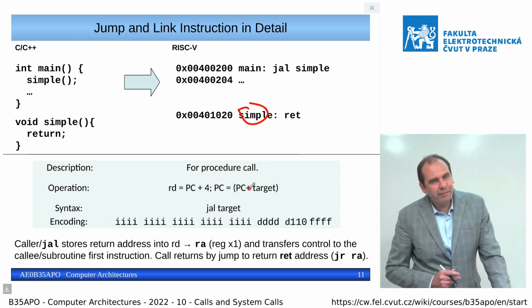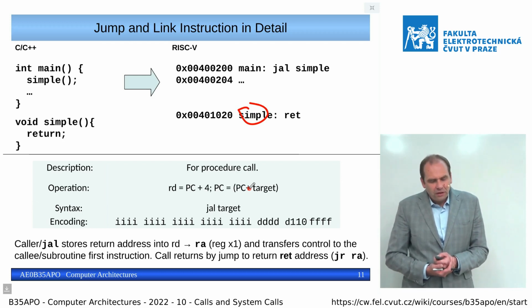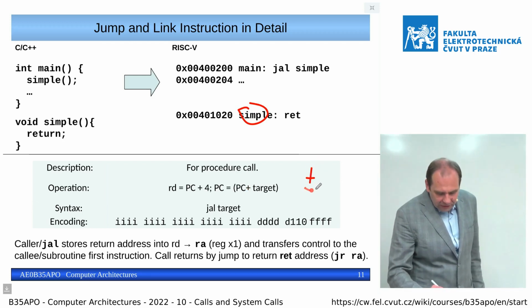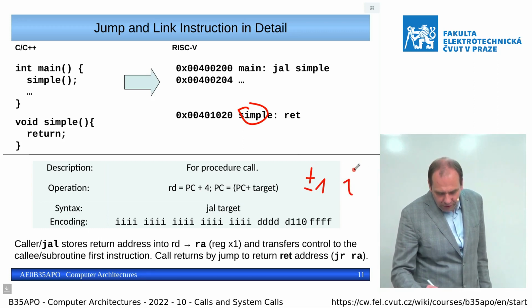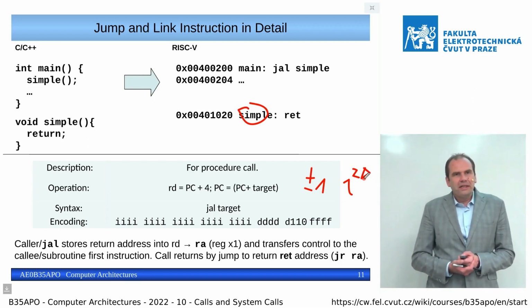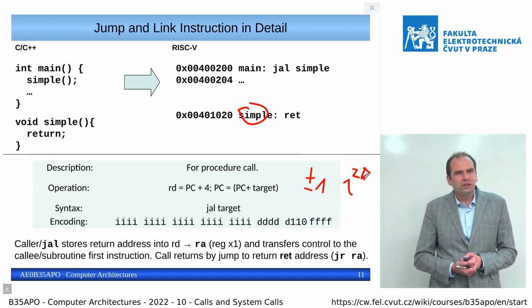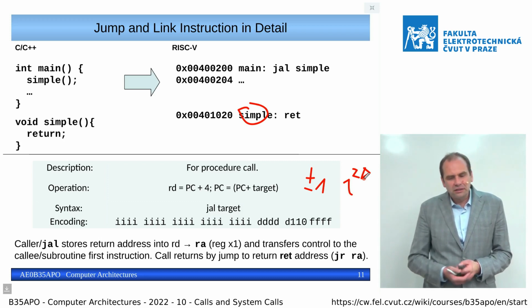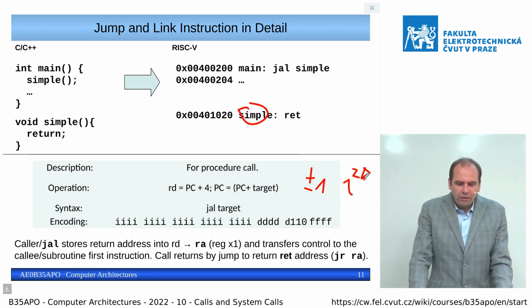So you can branch this way only in the range of plus minus 2 to the power 20, because you have a 20-bit immediate operand. But because you cannot branch or jump and link to odd addresses, we can use that one bit more for the target address.